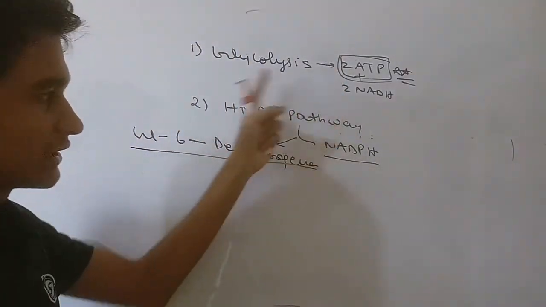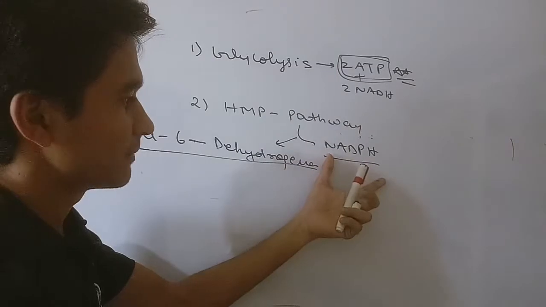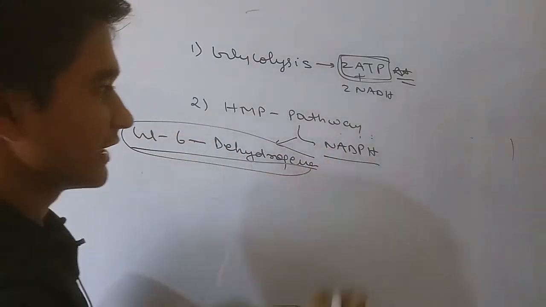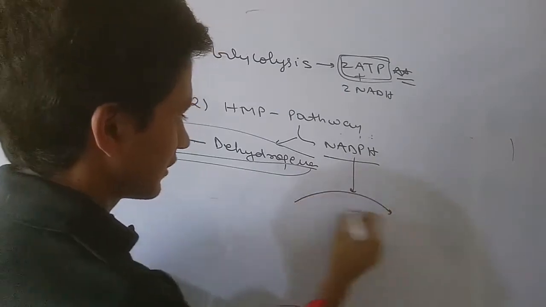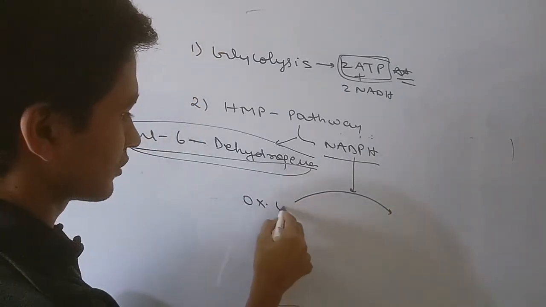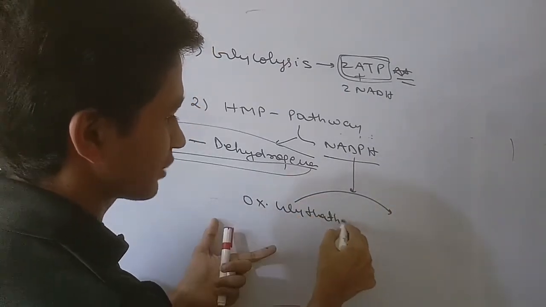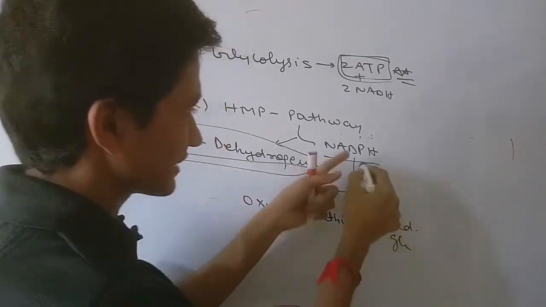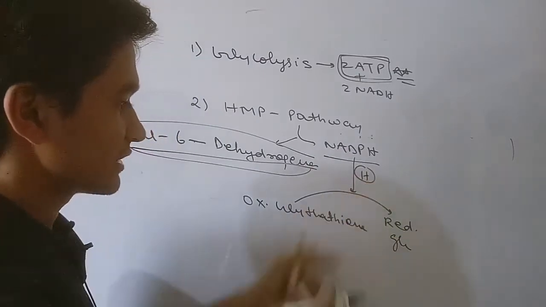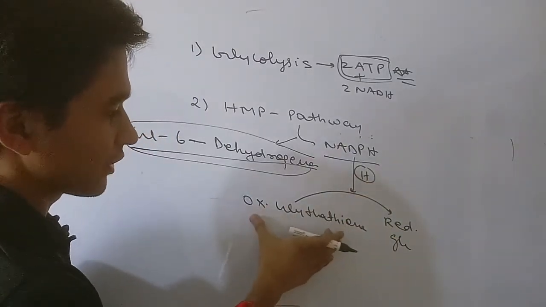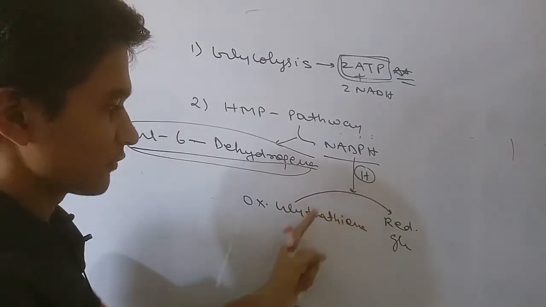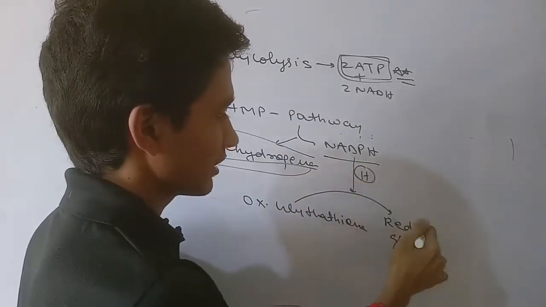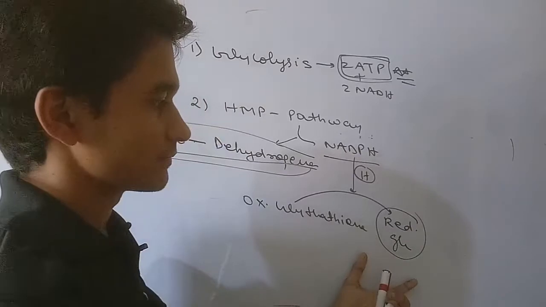And this NADPH is reducing your oxidized glutathione. Oxidized glutathione is reduced into reduced glutathione, because NADPH is supplying hydrogen, and this hydrogen combines with the oxidized glutathione, and we know addition of hydrogen leads to reduction. So oxidized glutathione, after combining with hydrogen, is converted into reduced glutathione.